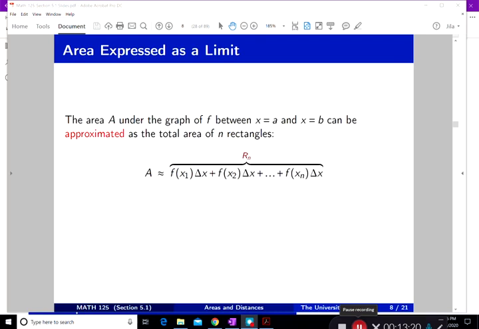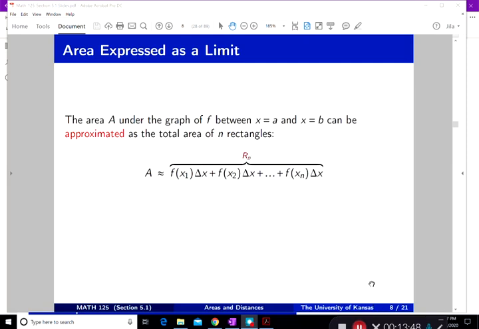So let's talk about expressing area as a limit. We've seen all those rectangles, and sometimes one rectangle works better than the other one. Now we want to approximate the area by basically adding those areas of the rectangles. This is called the Riemann sum R sub n, and you see there n rectangles.